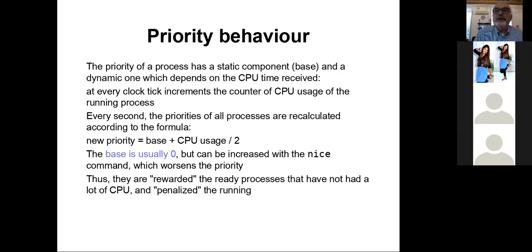So as soon as the running process gains a priority that is lower than that of some ready process, the running process is switched off, and the ready process with the higher priority becomes running.